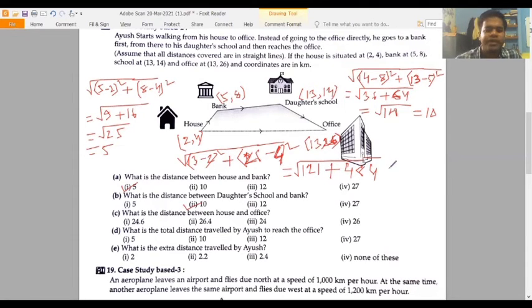If you add them, the square root of the sum is about 24.6. So square root of 605, about 24.6, will be the answer.